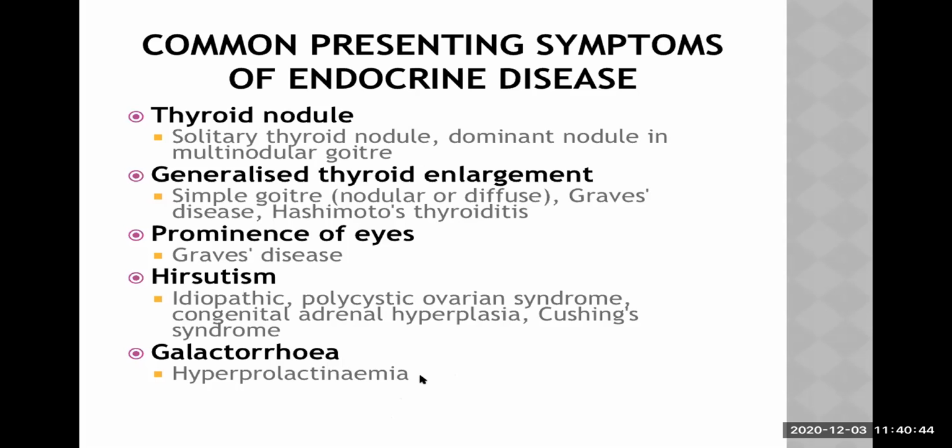Maybe a tumor present in the anterior pituitary, or maybe some effect of drugs. Again the same correlation comes here, the relation between dopamine and prolactin. Dopamine inhibits the release of prolactin. So if we use certain drugs which decrease the concentration of dopamine, or which block the dopamine receptor, it will indirectly lead to oversecretion of prolactin. This is known as hyperprolactinemia. Let's move on.